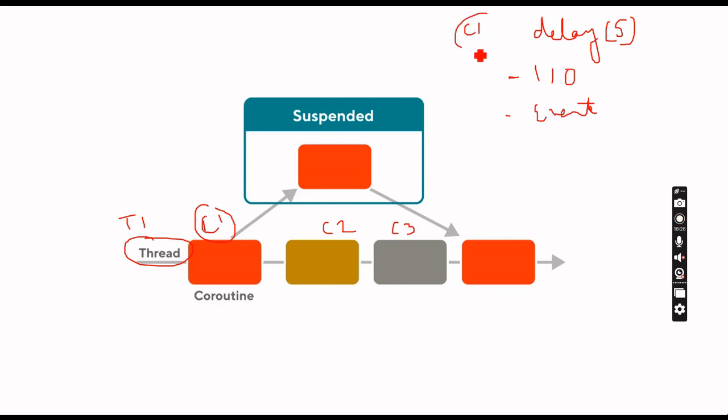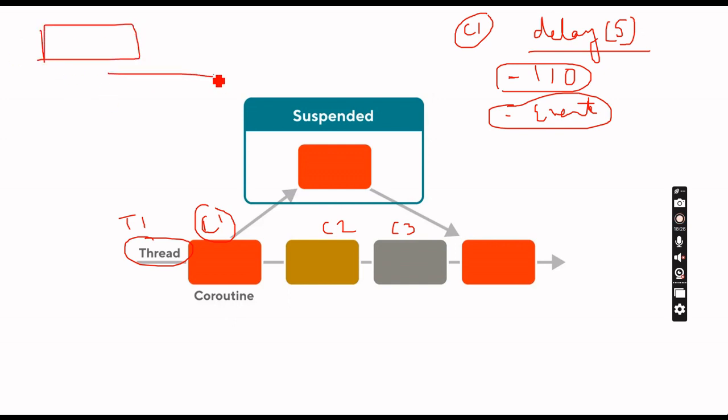So C1 might be using a delay function where it waits for a timeout of 5 seconds, or it might be waiting for a downstream response or for an event to happen. So part of C1 gets executed, then it has to wait for the delay, IO or event, and then the rest of C1 executes. So this is part one of the coroutine, and this is part two of the coroutine.